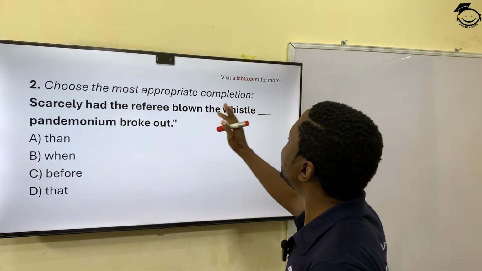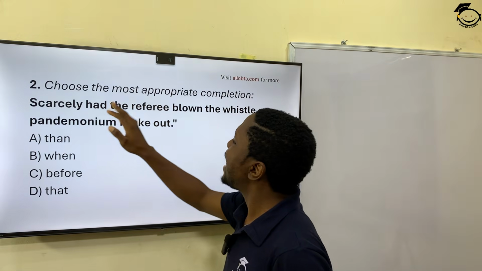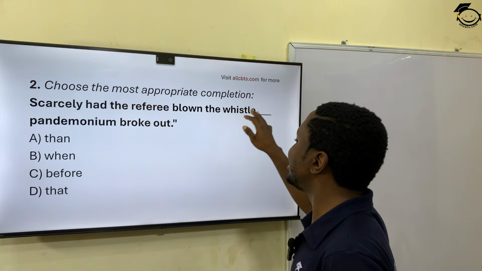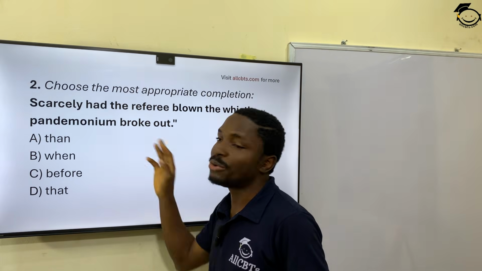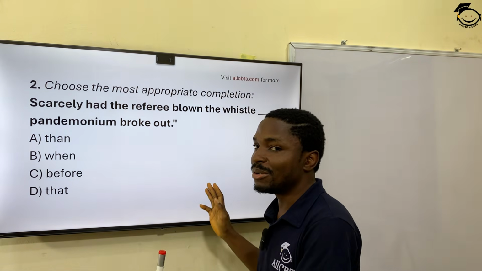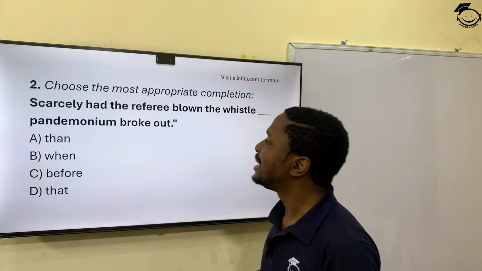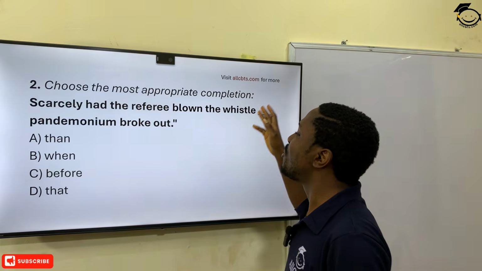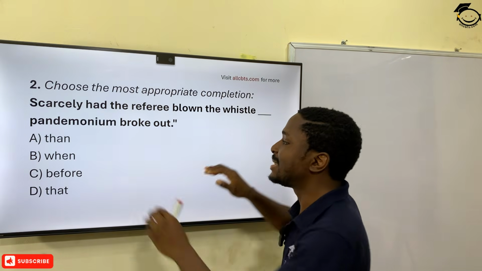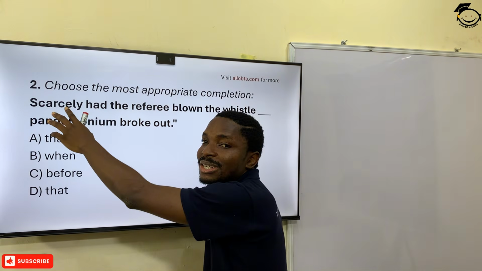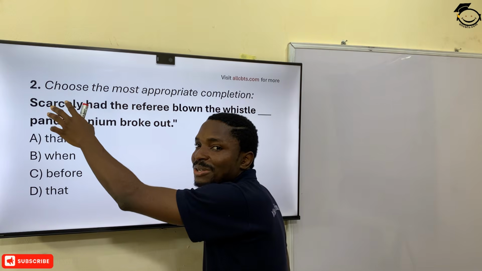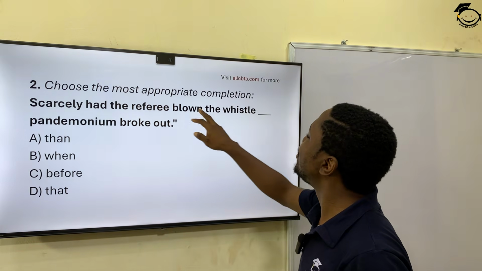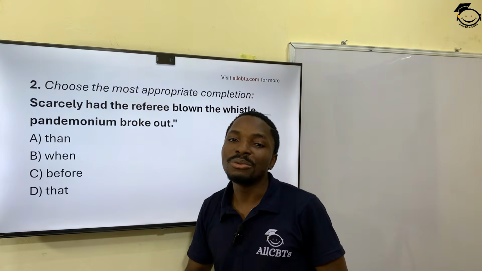Question 2. Choose the most appropriate completion. Scarcely had the referee blown the whistle, dash, pandemonium broke out. This is almost like a football scenario. Scarcely had the referee blown the whistle, when, because this is an aftermath to this action, an action after an action. So, scarcely had the referee blown the whistle when pandemonium broke out.